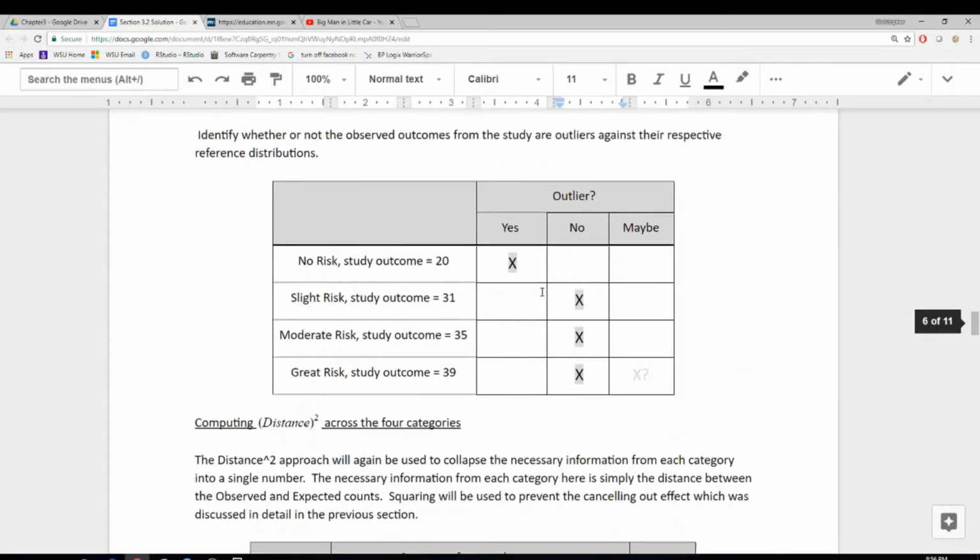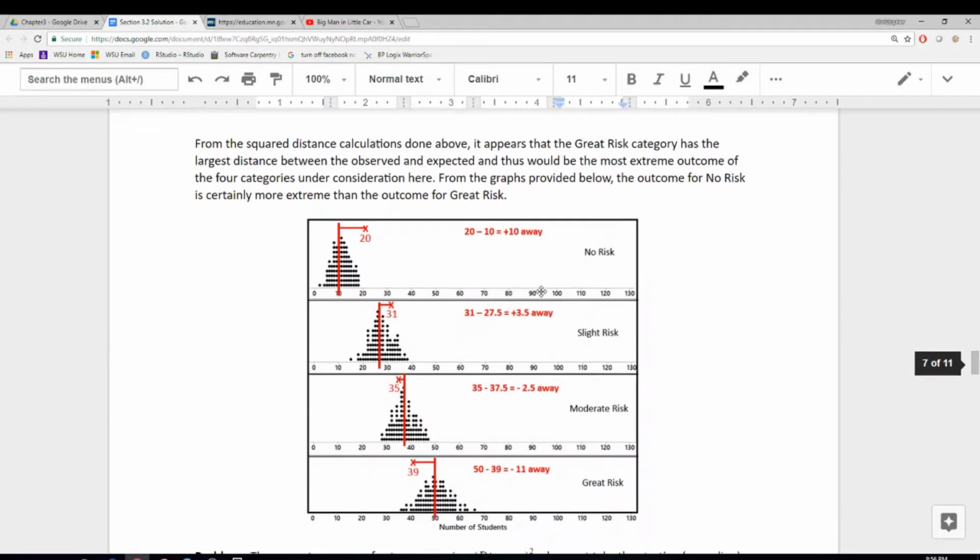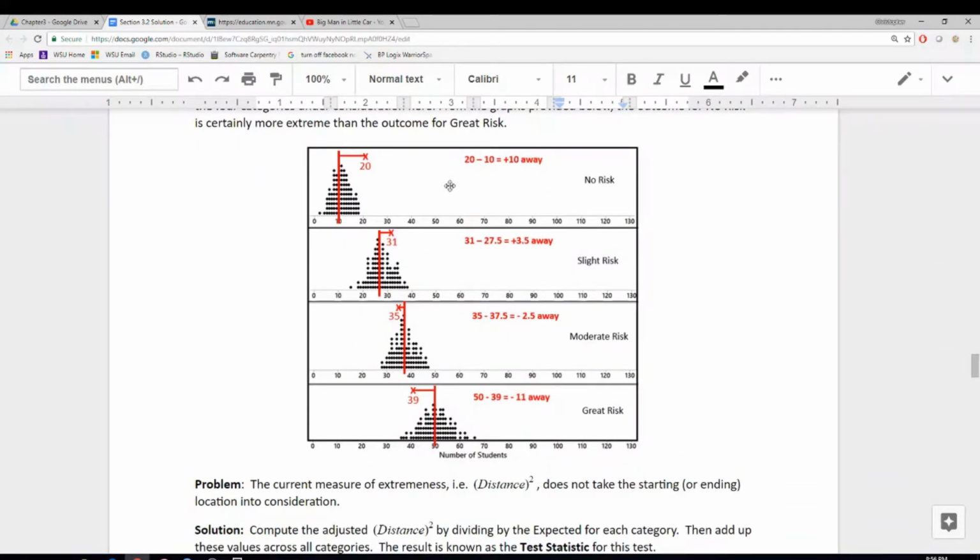So even though my squared distance isn't as large, it's actually more of an outlier in the no-risk group compared to the great risk group. Now, we don't really have to worry about that too much for the slight risk and moderate risk because they are really close to the middle.